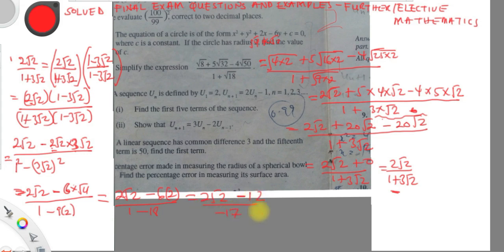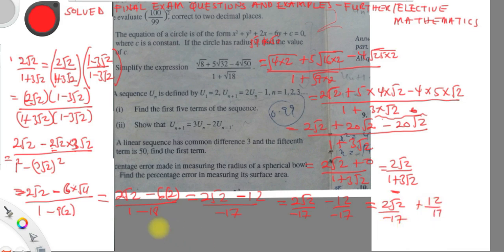Negative 17. Okay. So we can break them down: 2 root 2 all over negative 17, and then minus 12 over negative 17. We can rewrite it like this: 2 root 2 over negative 17 plus 12 over 17.